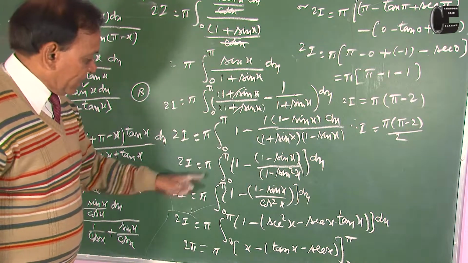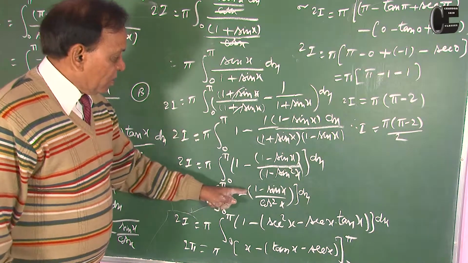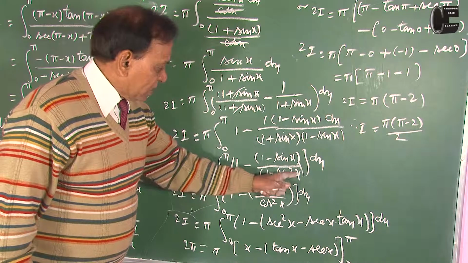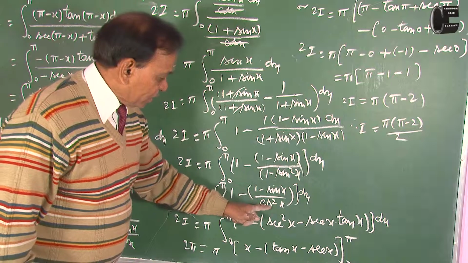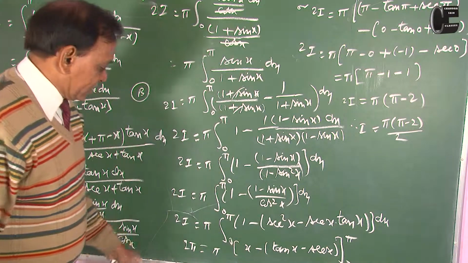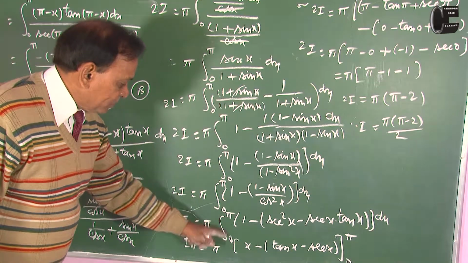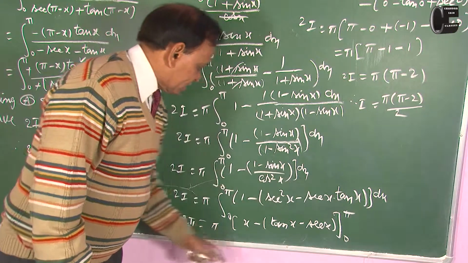Yes, 2I equal to pi, integral 0 to pi, 1 minus sine x, 1 minus sine square equal to cos square x, and divide this over this: sec square x, this over this sec x into tan x. Yes, 2I equal to pi, 0 to pi, 1 minus sec square x minus sec x tan x.